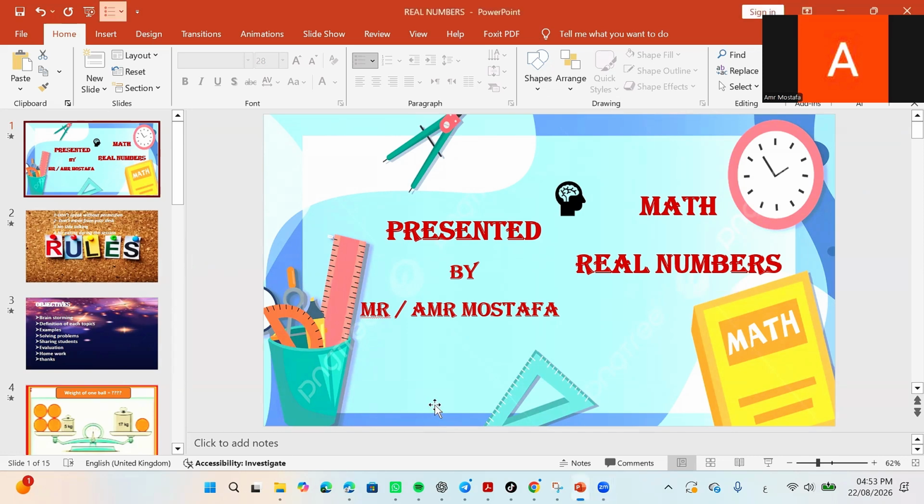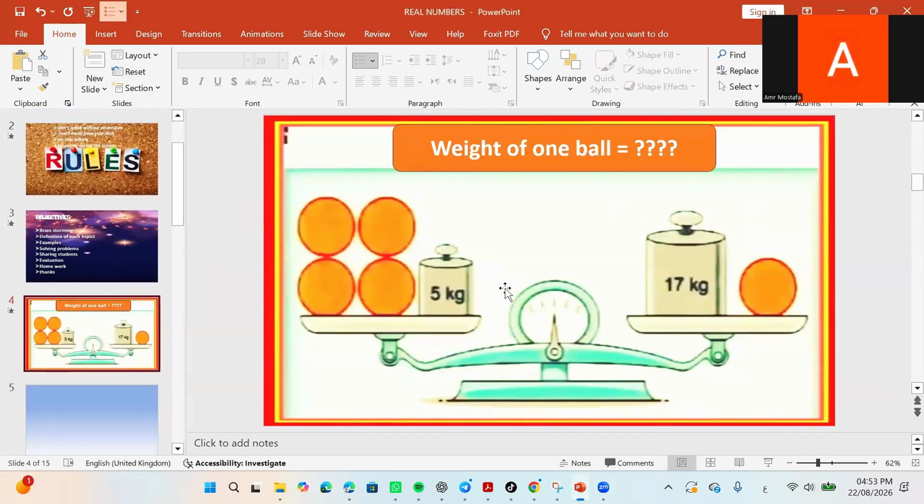First of all, we have to start with brainstorming with this. Can you imagine what is the mass of the orange ball here and here? We can make it as an equation. This orange ball is x and this orange ball is 1x.